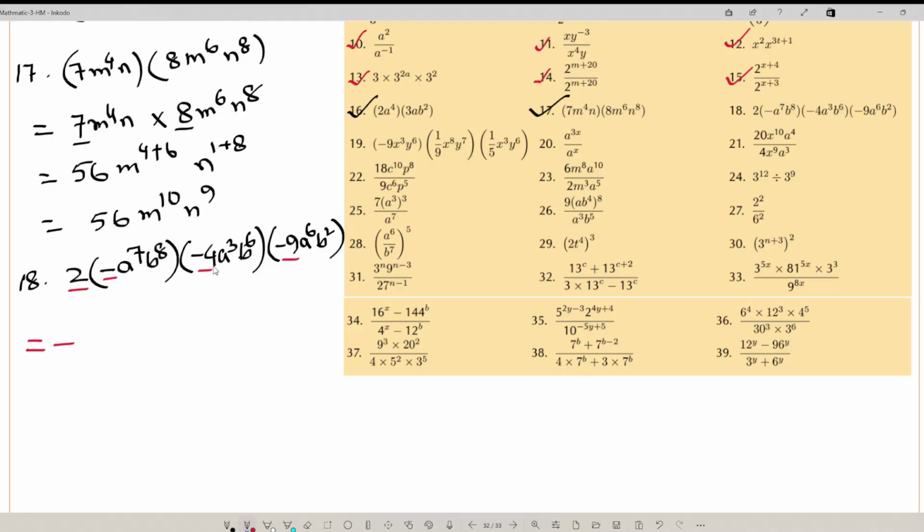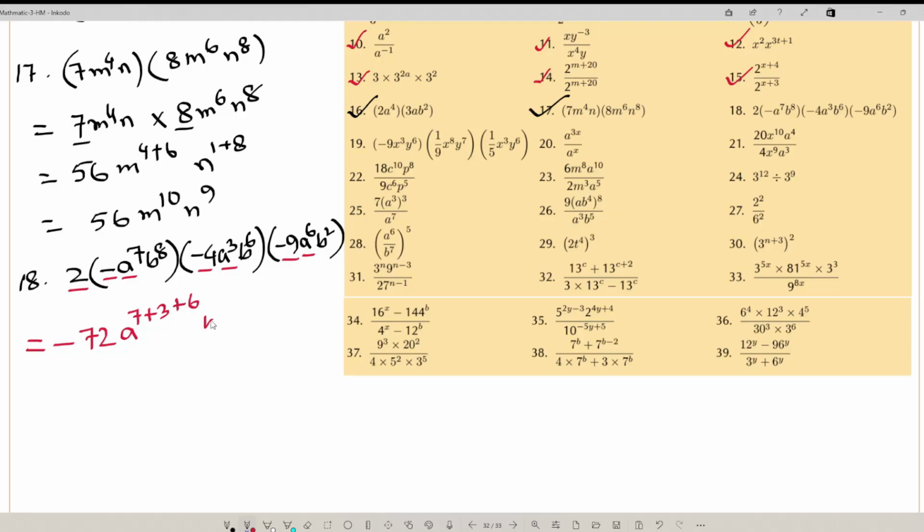Then 2 times 4 is 8, 8 times 9 is 72. Here is a to the power 7, here a to the power 3 means plus 3, and a to the power 6 means plus 6, right?